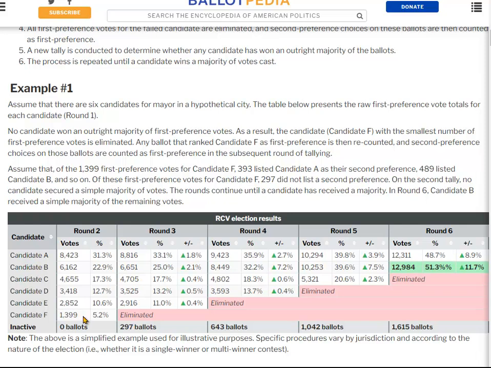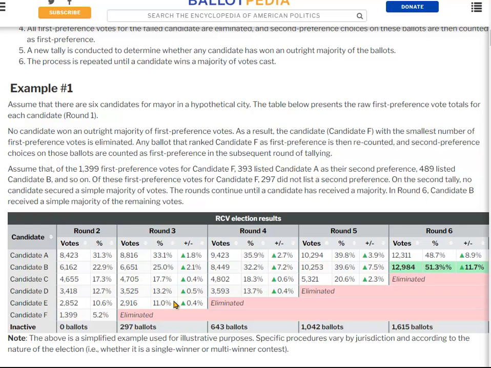And they're distributed according to each one of these 1,399 voters having someone who they chose second, and that will go then here to candidates A, B, C, D, and E. And then again, this one here should be called actually round 2. So they all gain a certain number here, plus minus this much percent, and apparently candidate A gained almost 400 votes, candidate B 500 actually, candidate C about 50 votes, and of course the total percentages go up.